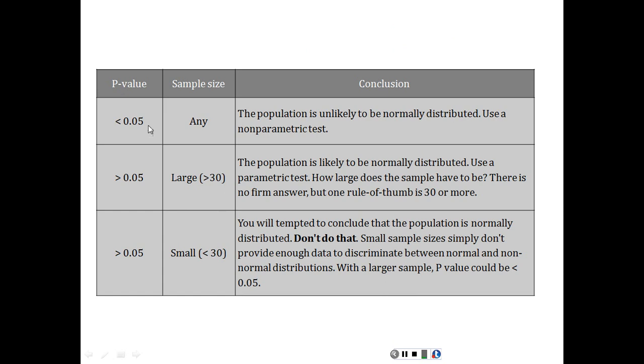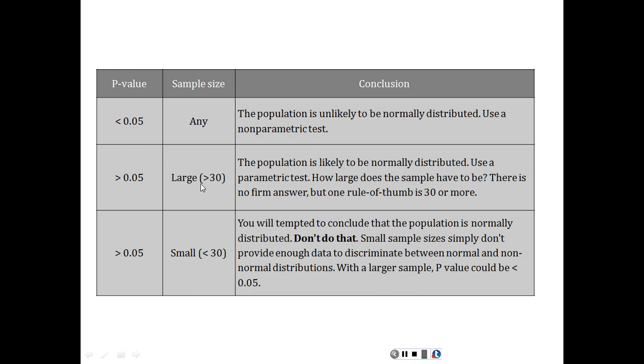So let's look at this table here. If we look at any sample size, if the p-value is less than 0.05, the population is unlikely to be normally distributed. If it's not normal, use a non-parametric test.